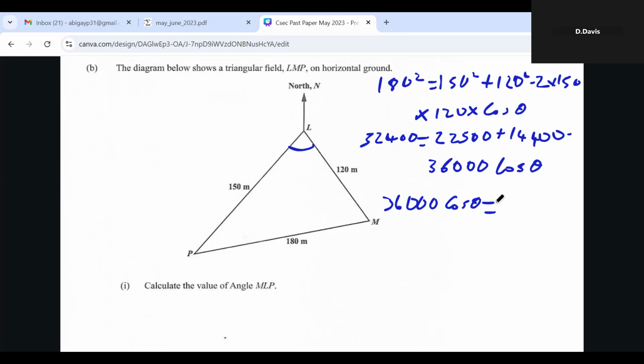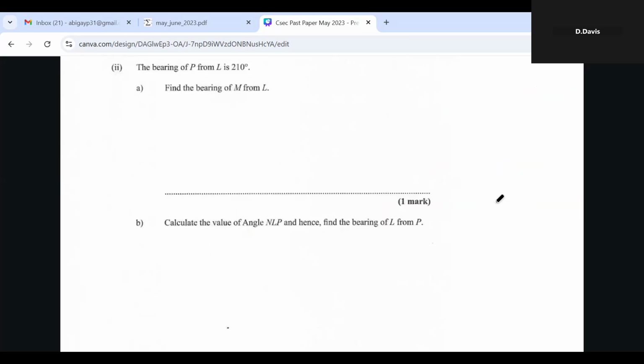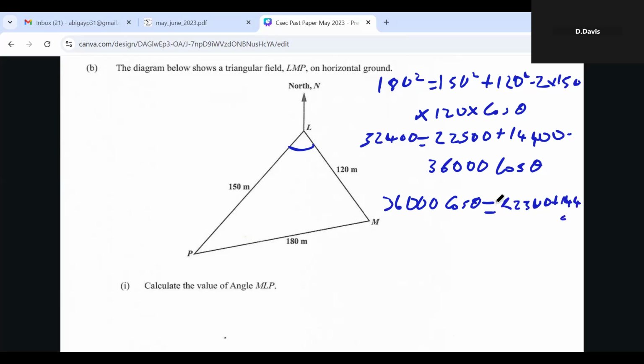So this is gonna be 22,500 plus 14,400 subtract 32400. So pay attention because there's a lot of big numbers. So everything is going to equal to 4,500.